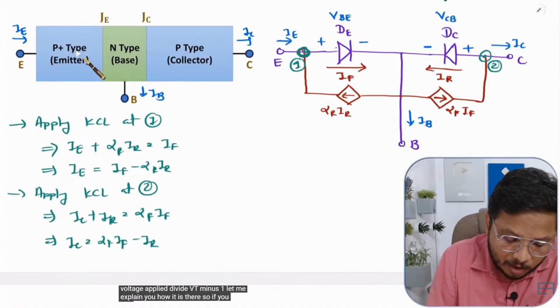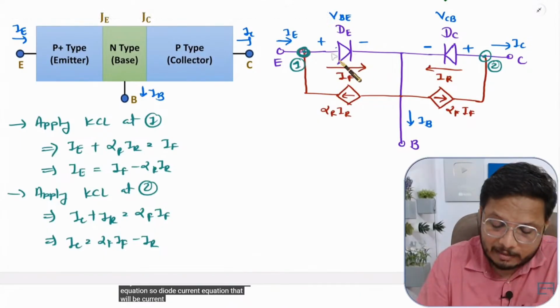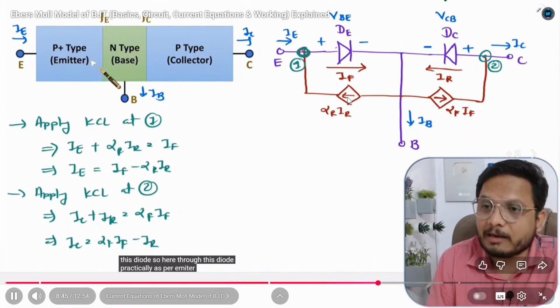Let me explain how it is. As per the emitter, you will have to mention the current.